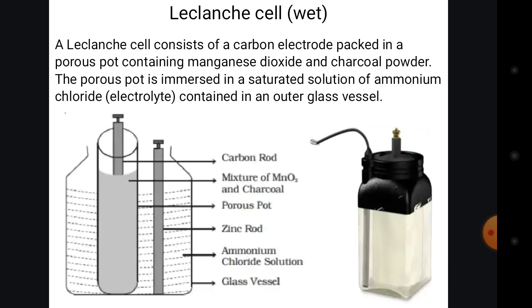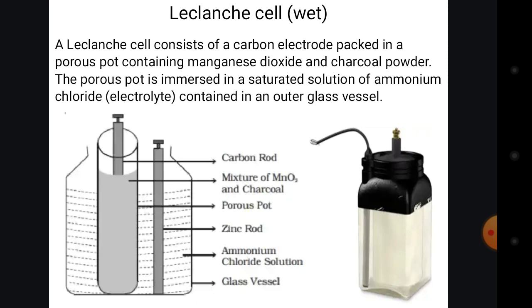You see this one, it contains a carbon electrode in a porous pot, containing manganese dioxide and also charcoal powder. So these are the chemical substances contained in a wet cell.